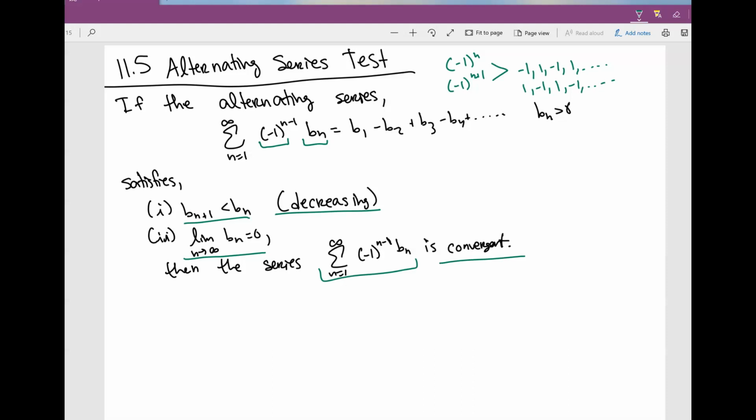So it's very powerful. If you can show that these two are correct, you can show that this whole series is going to converge.